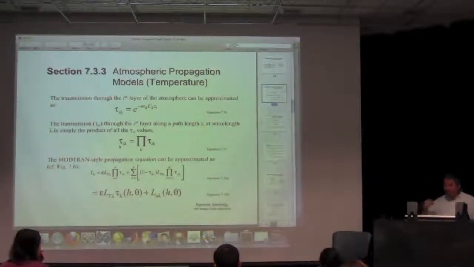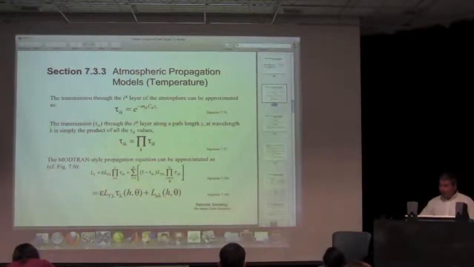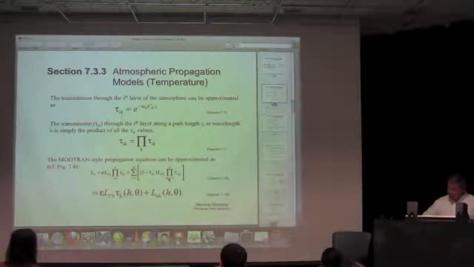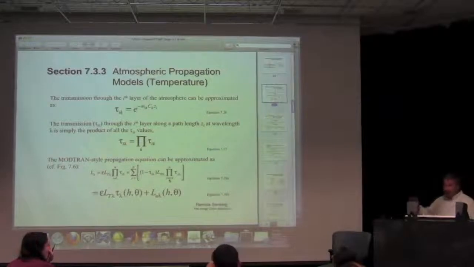All right, then the path radiance term, the LU term, is given over here. And what do we have? Well, we have the transmission from the jth layer up to the sensor and up through the atmosphere. All right, now for J, where do we start J from? Well, we start J from the layer above where we're currently looking.